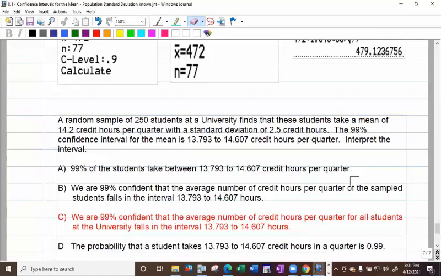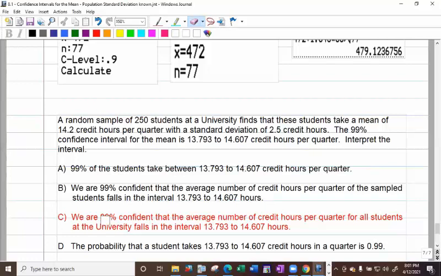Well, that sounds pretty good, but that's not quite right, because actually we're 100% certain that the sample students fall in that interval, because we know what the sample mean is for those students. So remember, you're using a sample to make an inference about a population. So that's why that's not right.